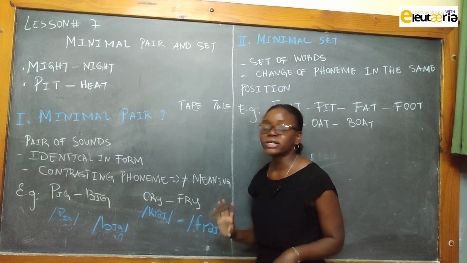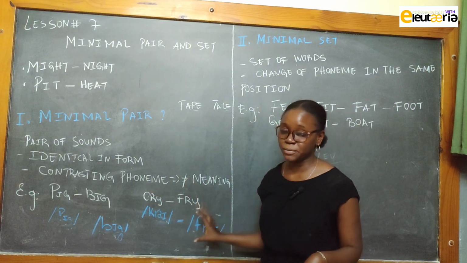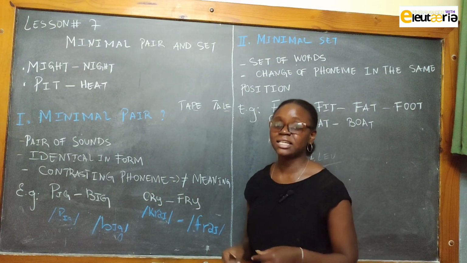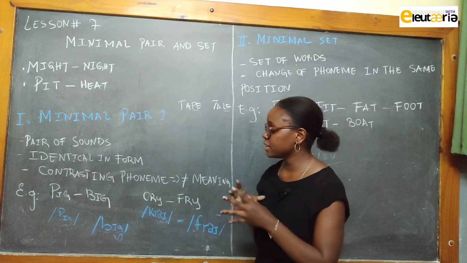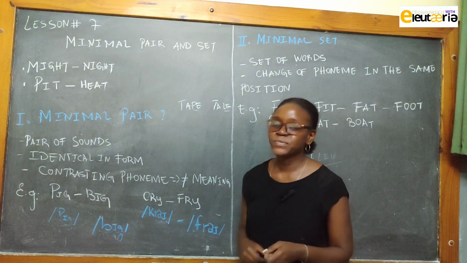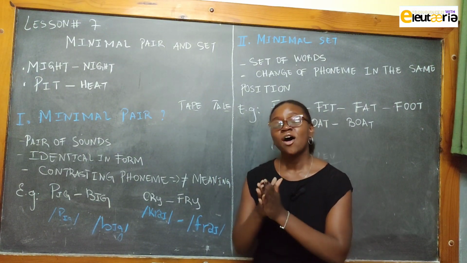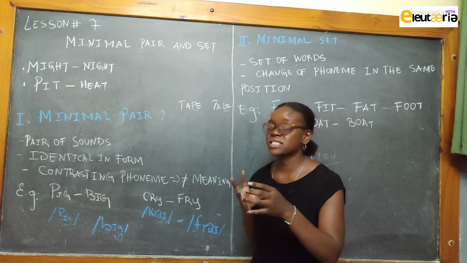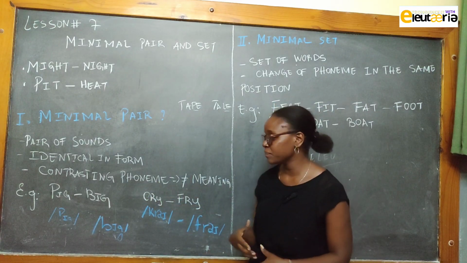So we can have a look at some examples, two examples with phonetic transcription, where we will look at that change or replacement. That replacement of a phoneme that causes that contrasting effect and makes them a minimal pair.